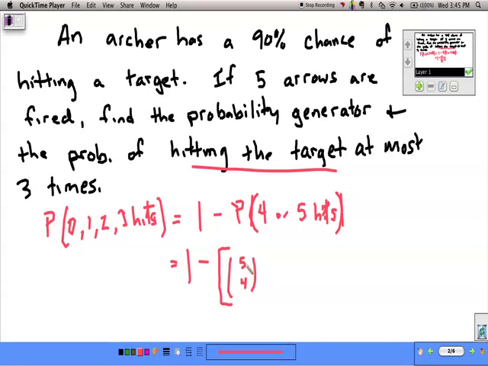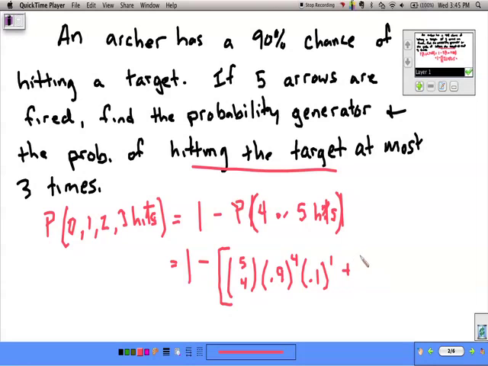It's the number of ways we can arrange the hits in our order of 5. And then we're going to do 0.9, the probability of a success to the 4th, 4 hits, times 0.1, the probability of not hitting the target, to the 1st.